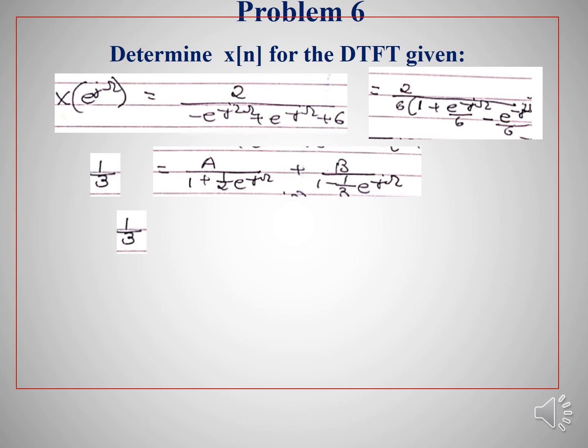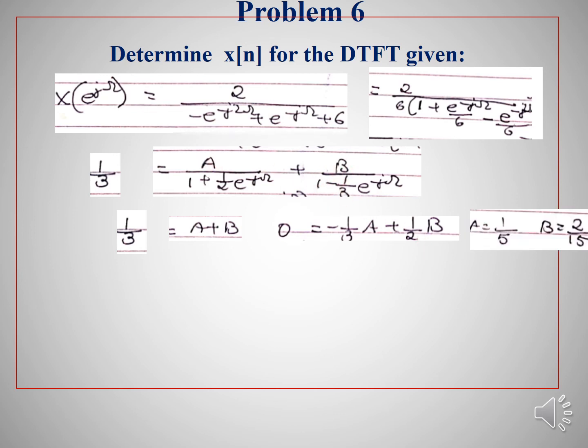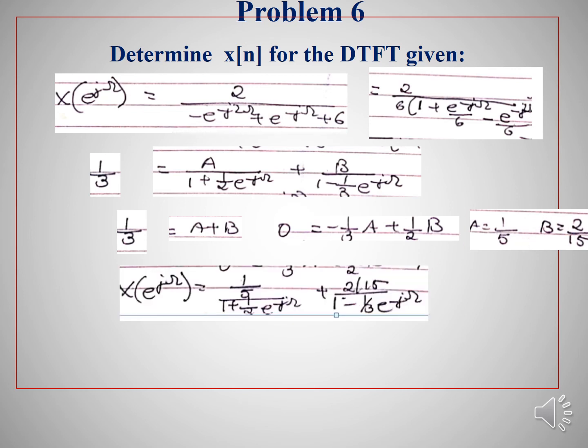Hence, equating the constants, 1 by 3 is equal to A plus B, because here we will be getting A into 1 minus 1 by 3 e power minus j omega, and here it would be 1 plus 1 by 2 e power minus j omega for B, and 0 would be minus 1 by 3 of A plus 1 by 2 of B. On solving, we get A is equal to 1 by 5 and B is equal to 2 by 15.